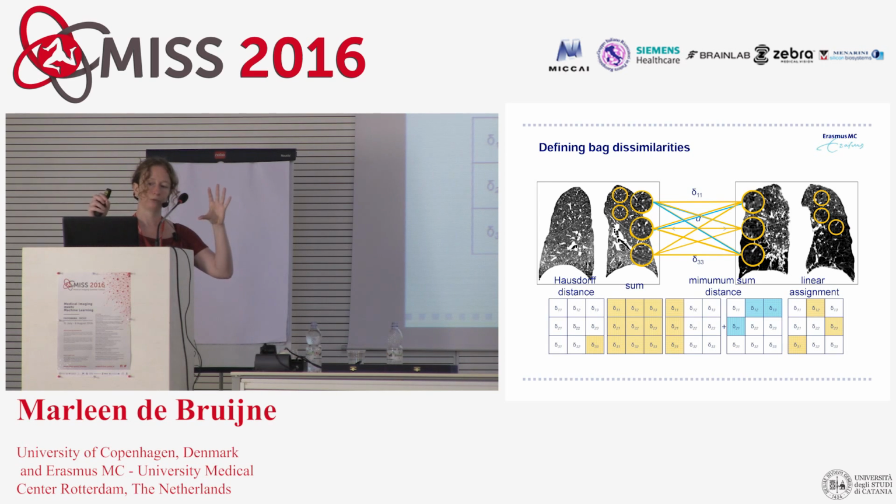So we want to find a unique pairing that has the overall minimum distance, which has the effect that images will only be similar if they have an equal number of equally diseased patches, which seemed to me like the best approach if you want to classify COPD.